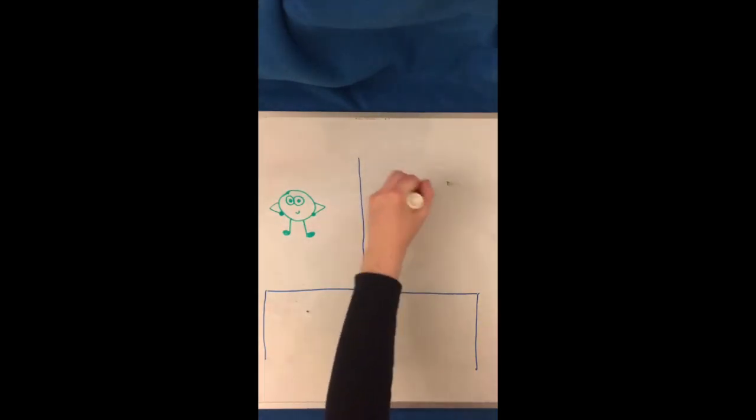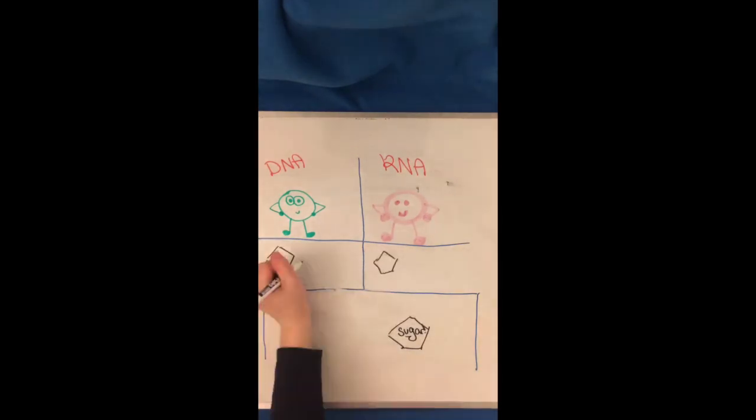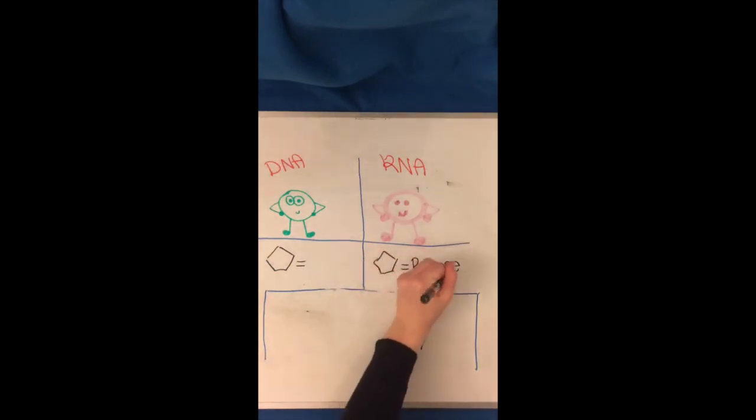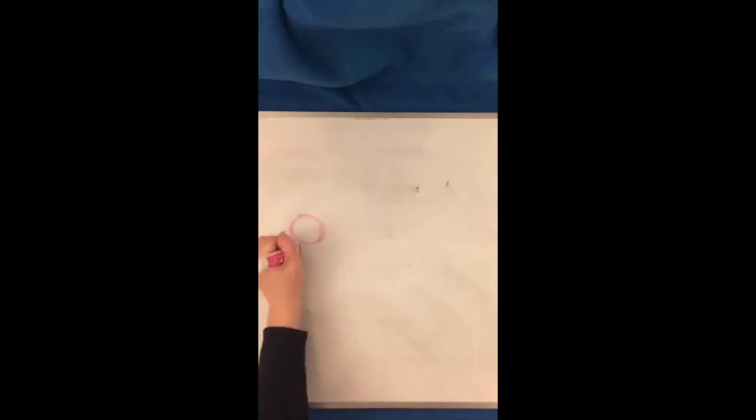The differences and similarities between a DNA nucleotide and an RNA nucleotide is that they both have one phosphate and one 5-carbon sugar. However, RNA is a ribose sugar and DNA is a deoxyribose sugar. Both have 4 different nitrogen bases.